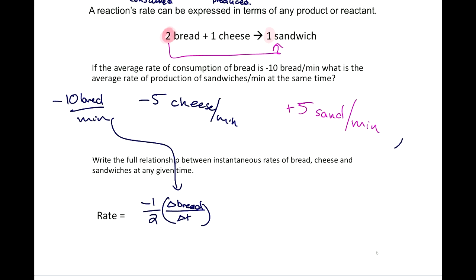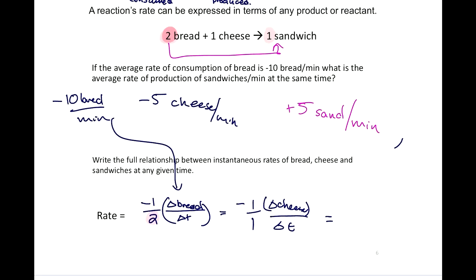That 2 now becomes a 2 in the denominator. We need that 2 there because if I want to set this equal to the rate for the next reactant, I'm going to write negative change in cheese over time. But this time, the fraction that goes on the outside is just 1 over 1 because the stoichiometry is 1.